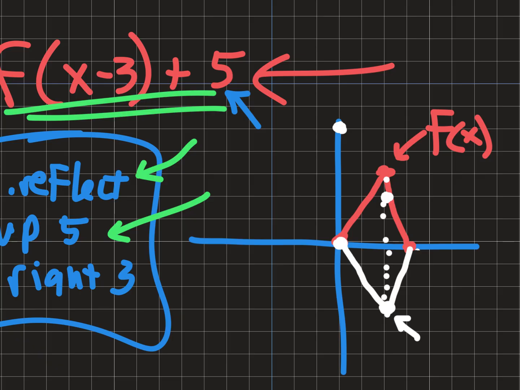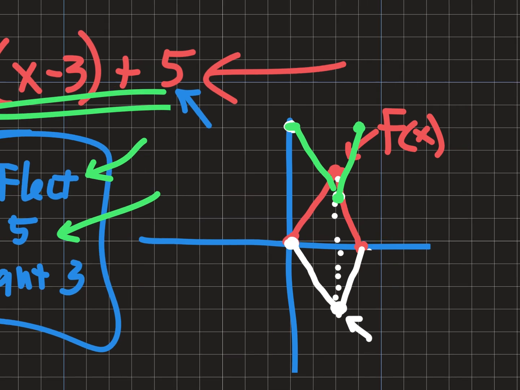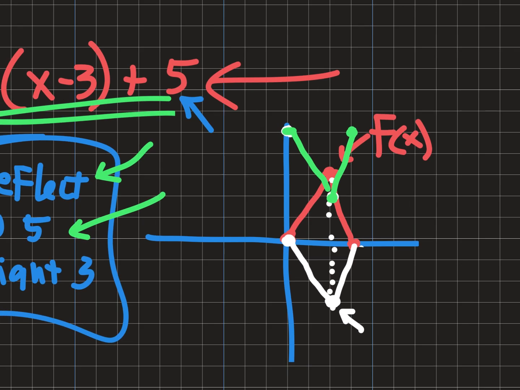Okay, maybe I should do them in green. There and there. And then this last point has to be moved up 5. And now it's a V shape again, but moved up 5. And the last thing is right 3. Make the last one white again.